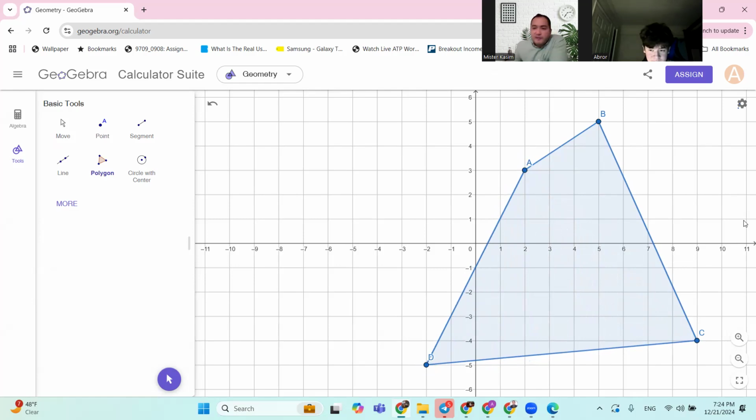So now we are going to reflect this about the y-axis, Abro. Before this, because you need to show your work, let's write the coordinates of the vertices of this shape.